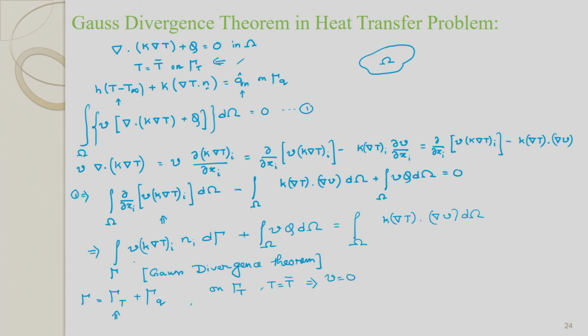So, this boundary term will vanish on gamma T, whereas on gamma Q this k del T dot n can be replaced as q_n, which is the prescribed heat flux.